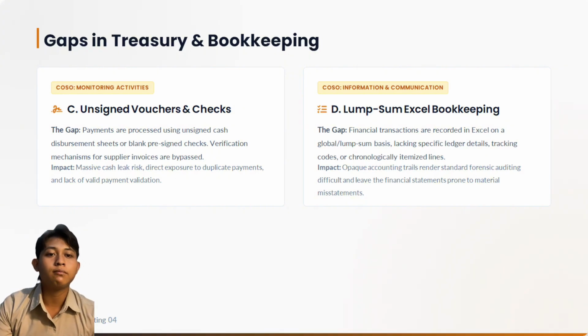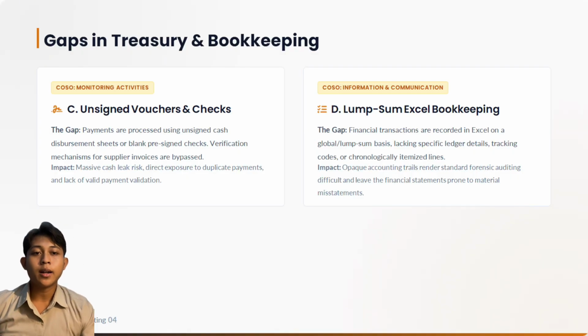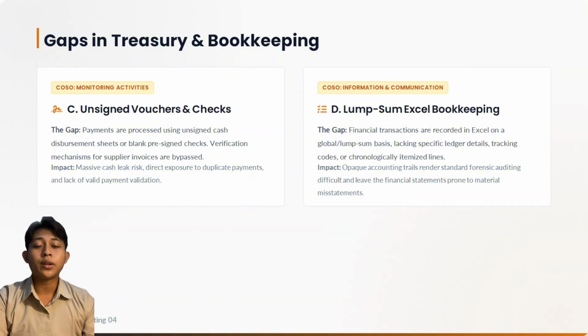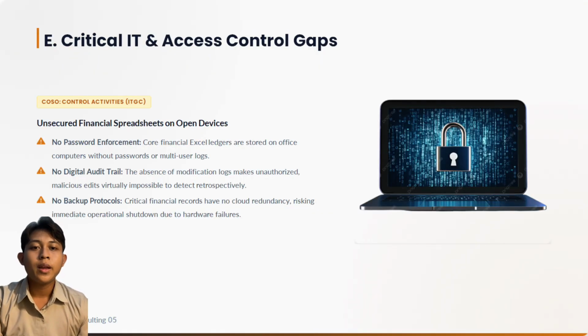So the solution the company can apply is to replace the messy Excel format with a standardized cash disbursement journal template, complete with a column for date, voucher number, vendor number, item description, quantity, unit price, total, and the related expense account. And the last is weak IT system access control.